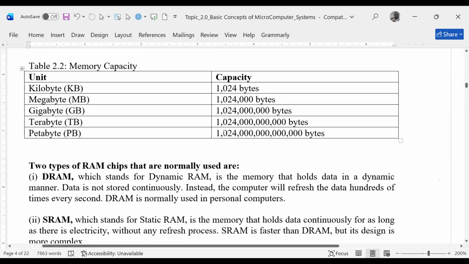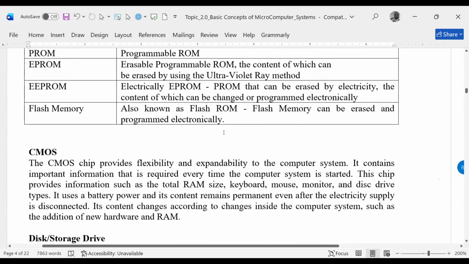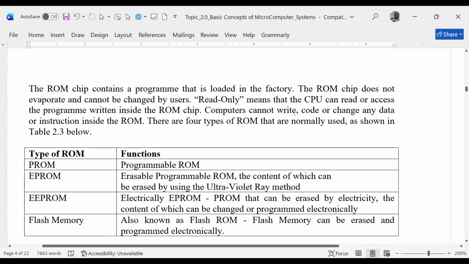Then the next type of memory chip is the ROM. ROM means read-only memory. Program built in a factory by the manufacturer, which cannot be erased by the user. It always gives you details about who manufactured that product.